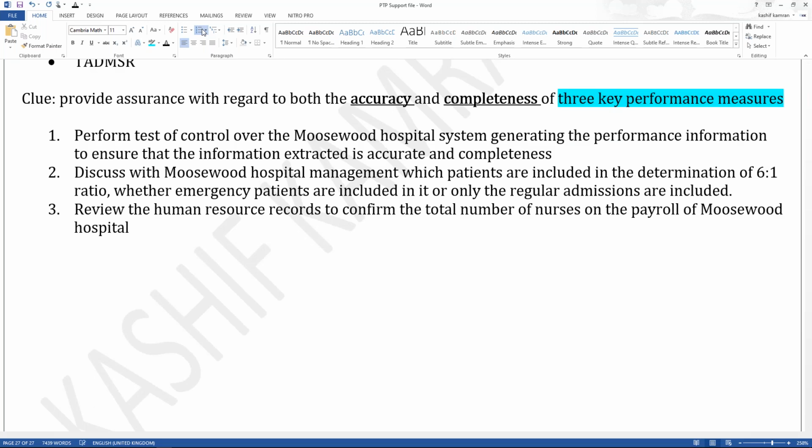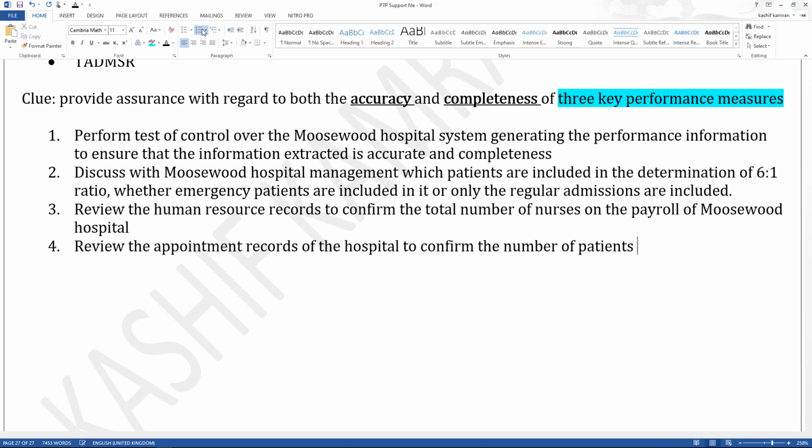Now, once I know the nurses on the payroll, and which patients to include and which not to, can I review the appointment records of the hospital for the year to confirm the total number of patients admitted or who visited the hospital?